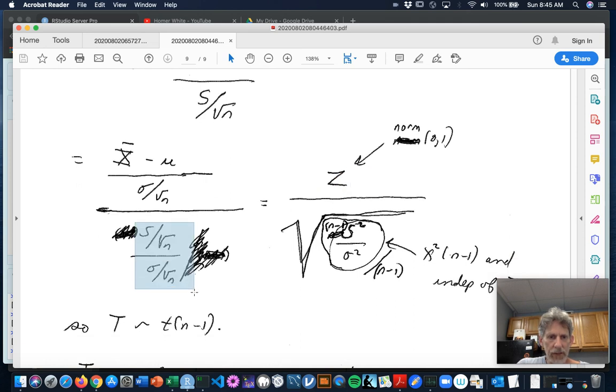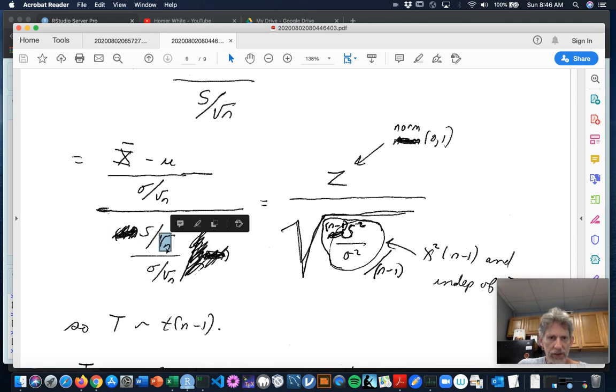Now on the bottom, I need to massage it a little bit more. I'm going to put an n-1 on the top, which means I need to also put an n-1 on the bottom. And then I'm going to move the sigma from the top of the bottom to the bottom of the top.